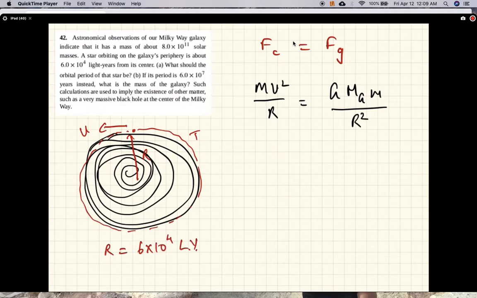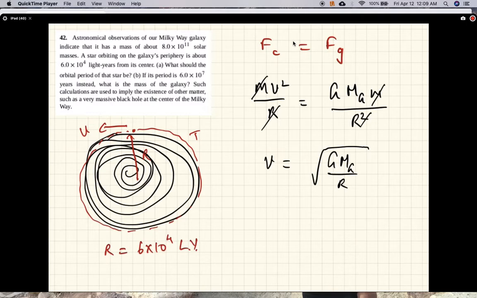The mass of all these stars acts as if it's a point mass as long as it's within the orbital radius. So the mass of the star cancels, one of the r's cancels, and the orbital velocity is the square root of G times the mass of the galaxy divided by r.